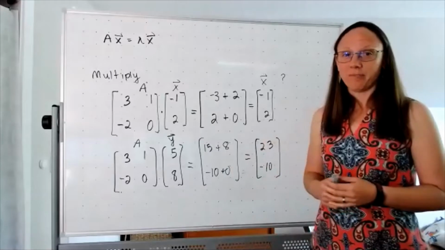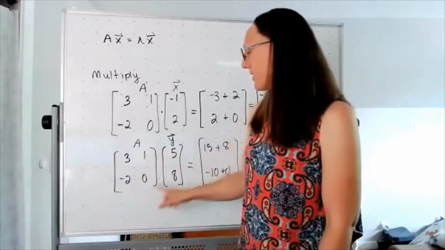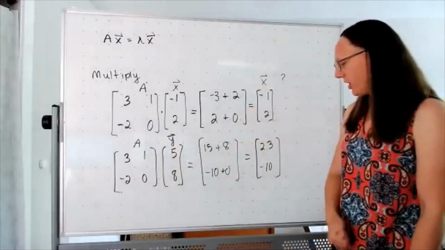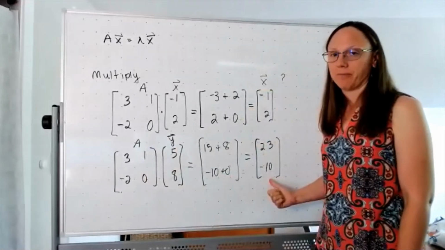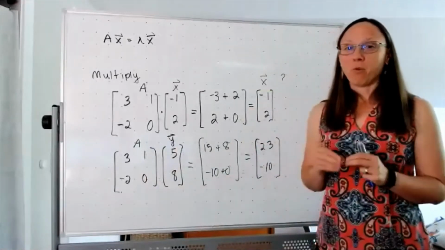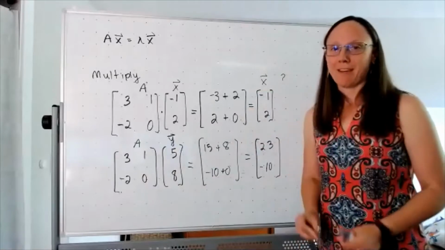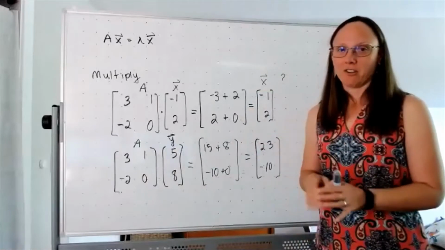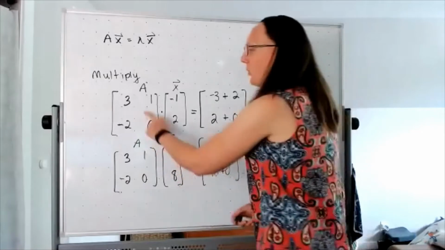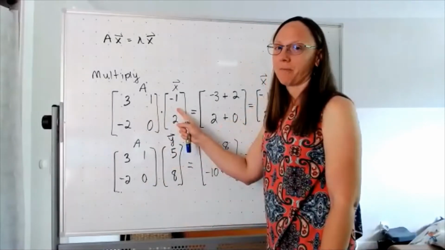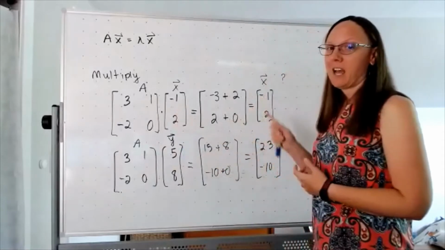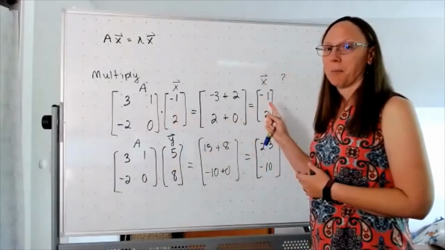In general, when we take a matrix and multiply it by a vector, we get some totally different other random vector. But for really specific special vectors, when I take the matrix and I multiply it by the vector, I get a multiple of the vector back.